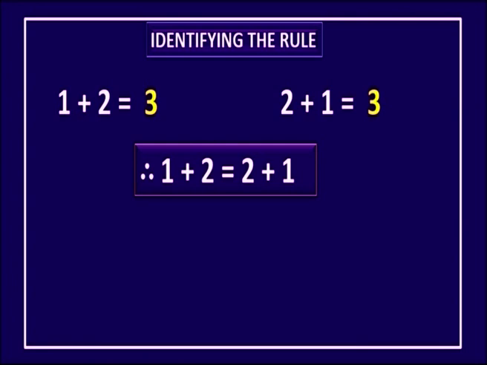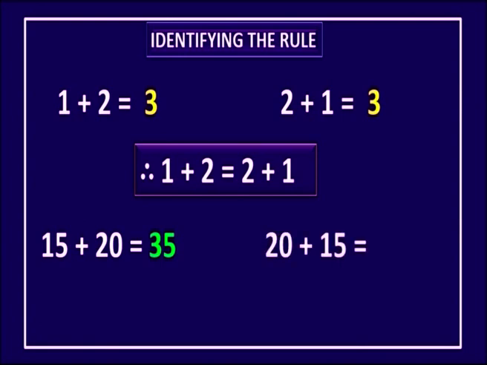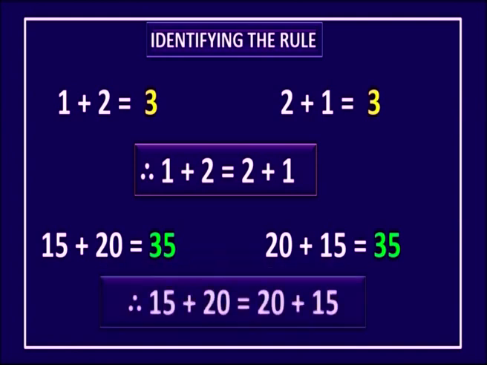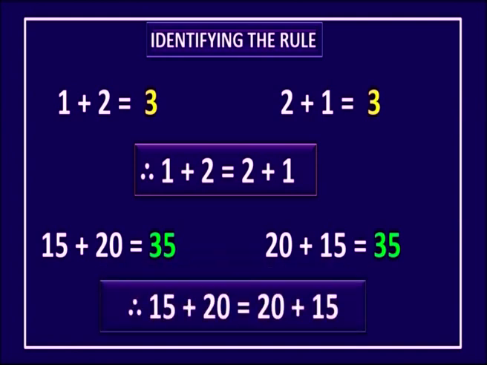Now take a look at another example, children. 15 plus 20. How much do you get, children? Good. You get 35. Now children, I'll add 20 plus 15. Now what do you get? That's right. It is 35 again. So here also I can say 15 plus 20 equals 20 plus 15. So what do you notice in these, children?